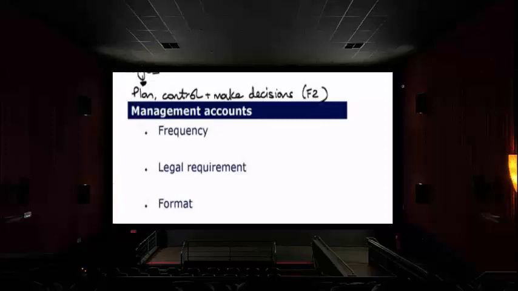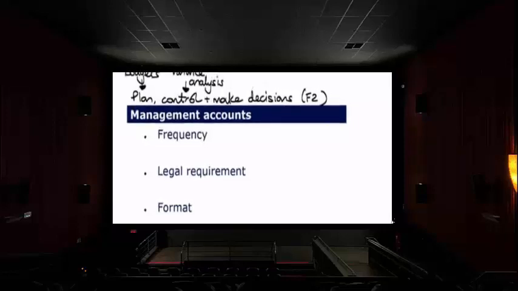We could also help them to control their activities by preparing some sort of variance analysis. So what I mean by variance analysis is comparing the budgeted or planned results against the actual results of the business.